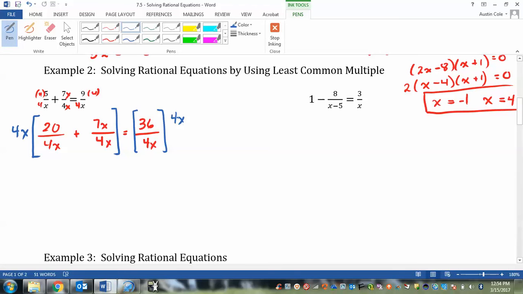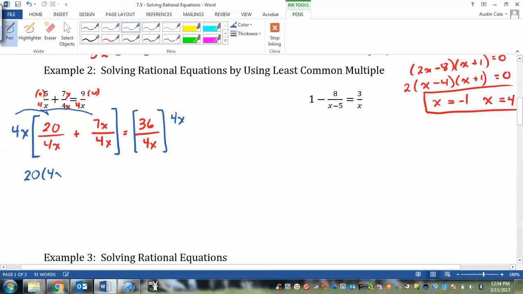What do I have to do to this 4x? Well, if I multiply 4x times both of these things, don't I need to technically distribute it? Okay, so I'm going to have 20 times 4x.